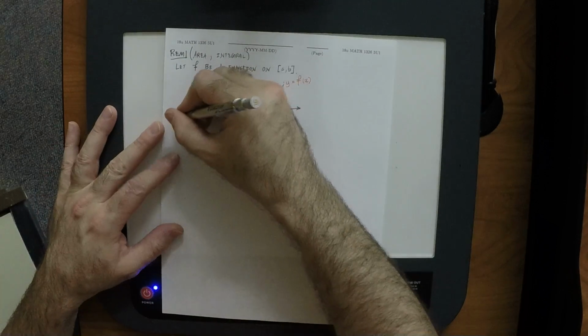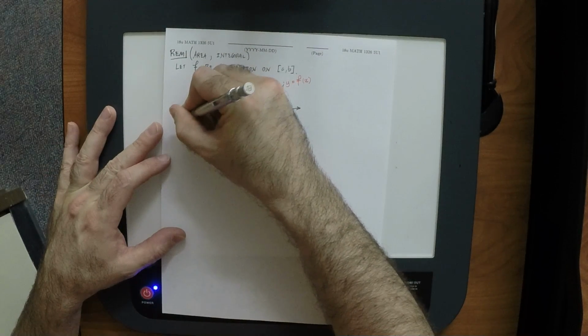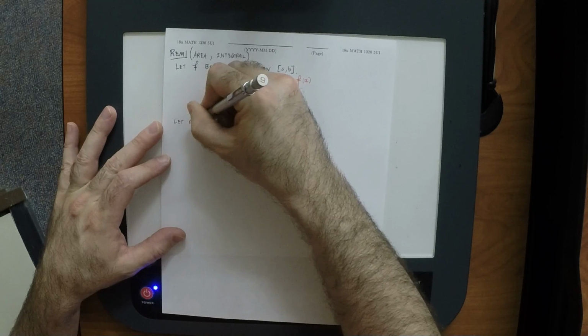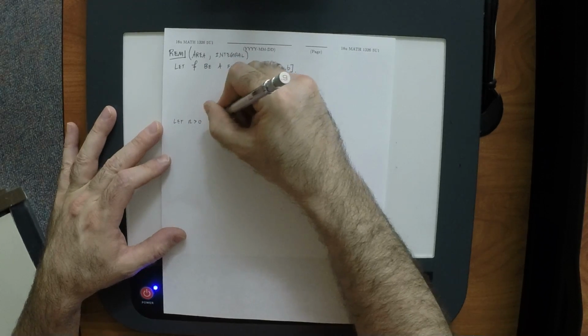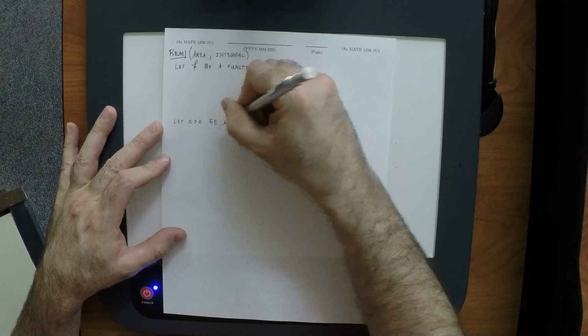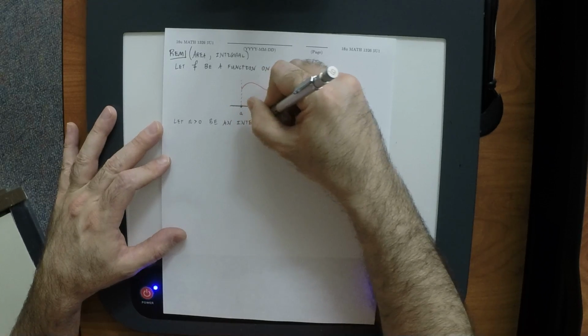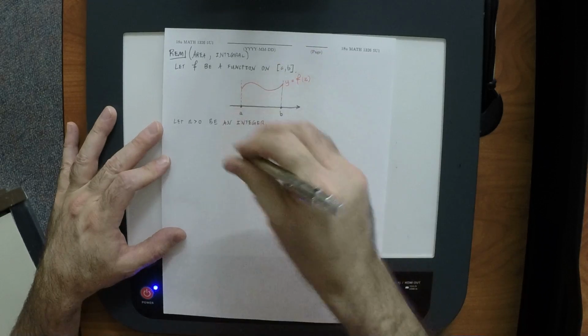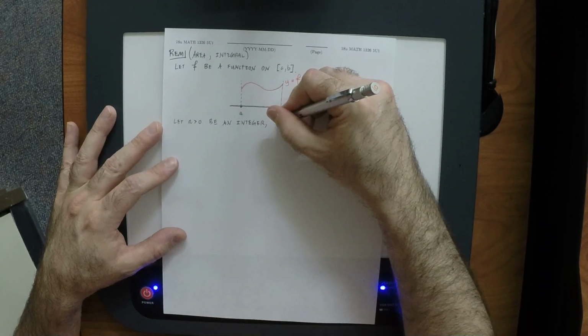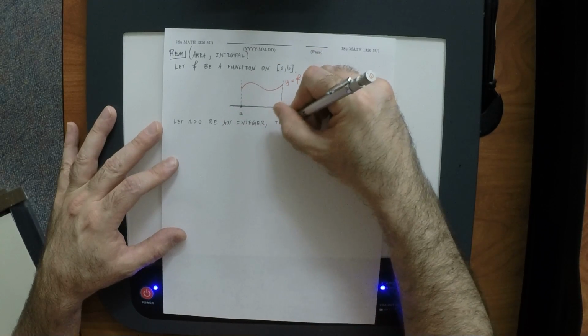So I'll say let n greater than 0 be an integer. And conceptually, this is the number of pieces.